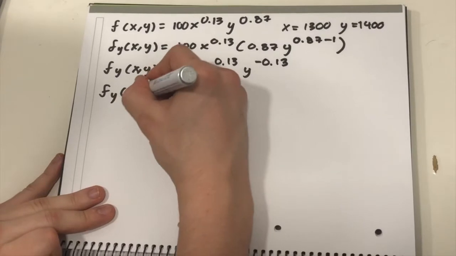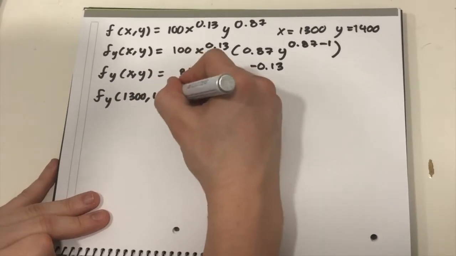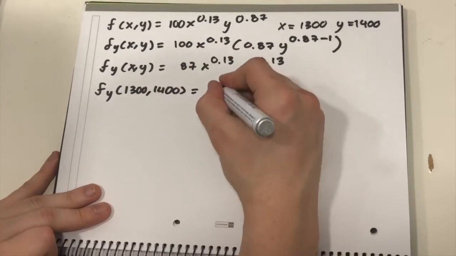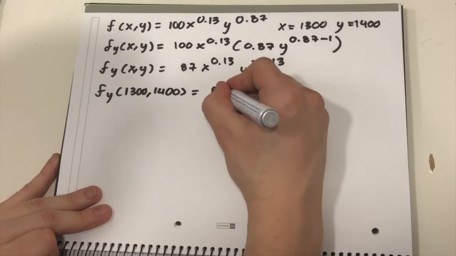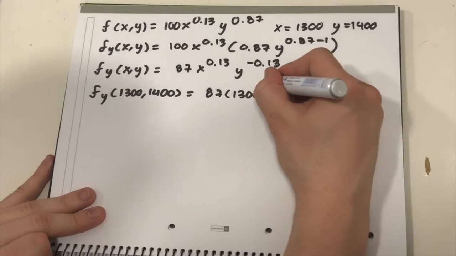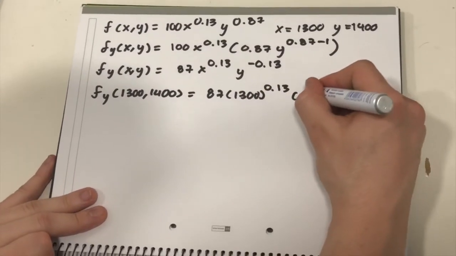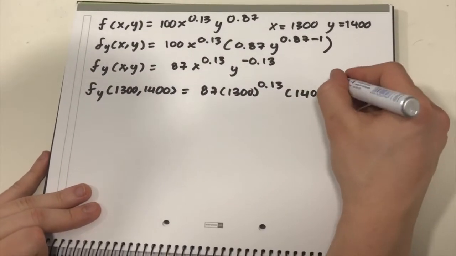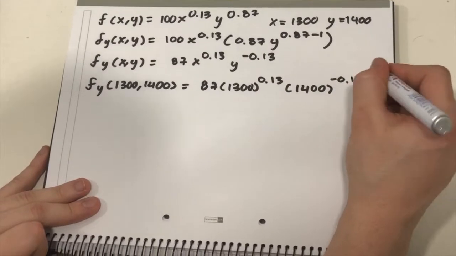Now we need to substitute the numbers given in the function, 1300 for x and 1400 for y, which equals 87, we open parentheses, times 1300 to the power of 0.13 times 1400 to the power of minus 0.13.